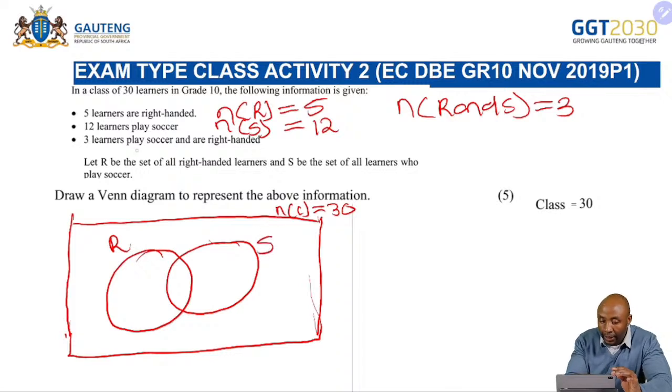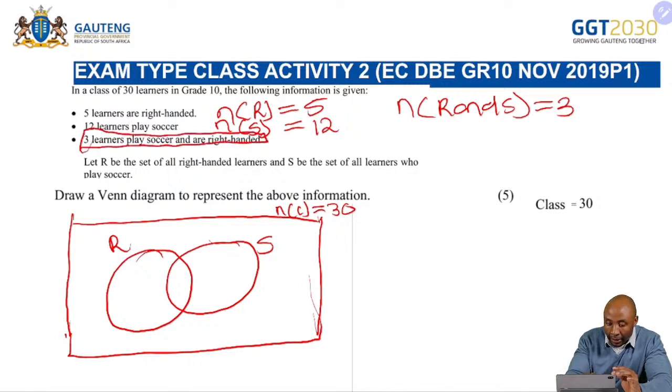There is an intersection because we have 3 learners who are right-handed and also play soccer. Remember I said we start filling in information from the intersection. We have 3 learners here. In the whole circle of right-handed, I must get a total of 5. So what is 5 minus 3? It means I have 2 learners who are right-handed only and do not play soccer.